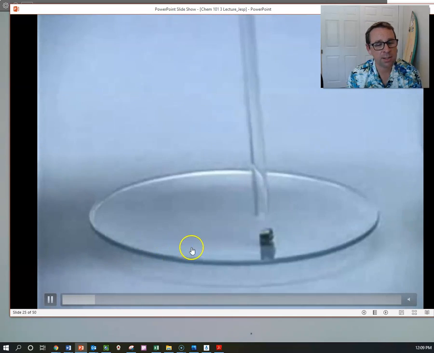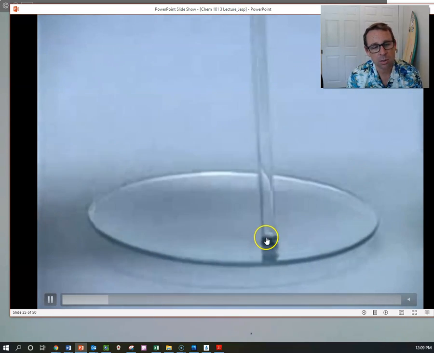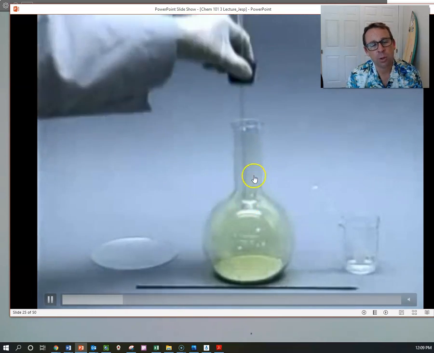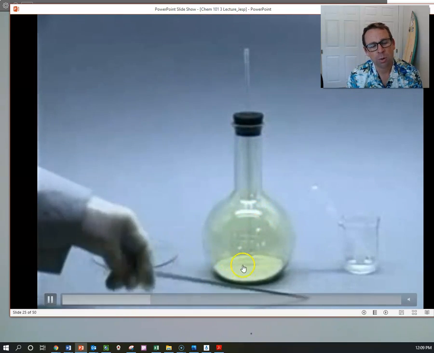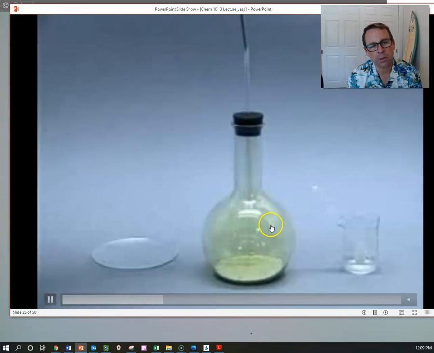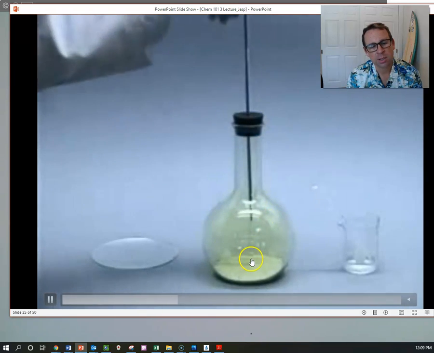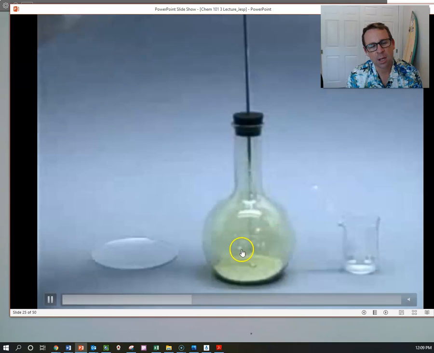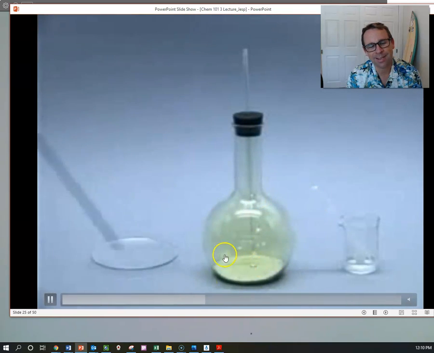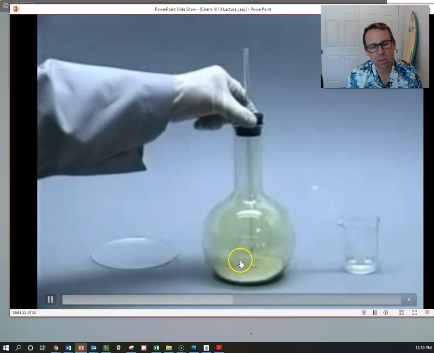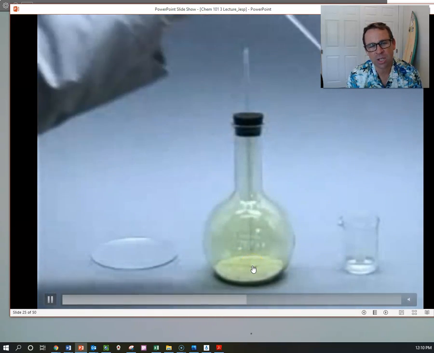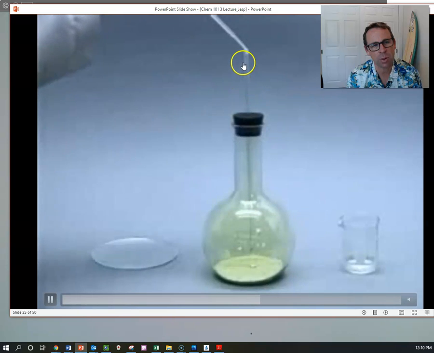Here's a video of us taking a little piece of sodium, putting it in a flask of chlorine gas, which is green. We're going to use this rod to make the sodium get off of the glass tubing. We have some sand on the bottom to prevent the glass from cracking when the reaction occurs. Nothing happens initially because there's what's called an activation energy, and we'll talk about that in the future as well.